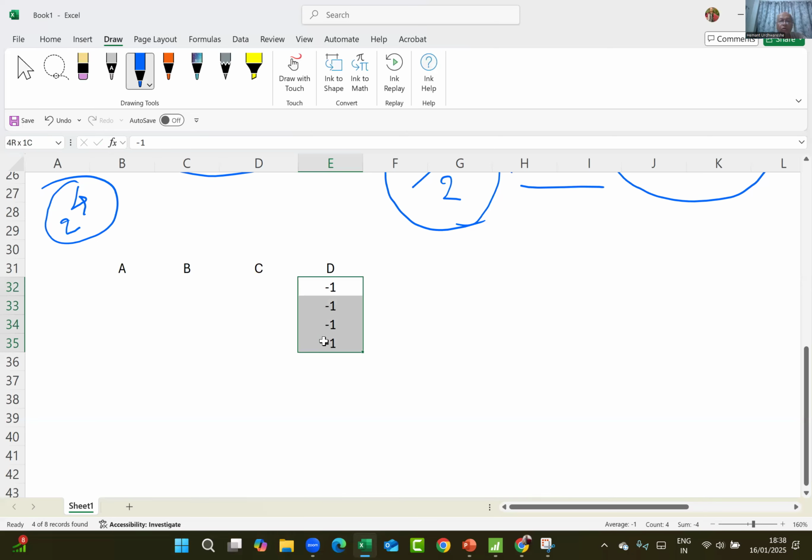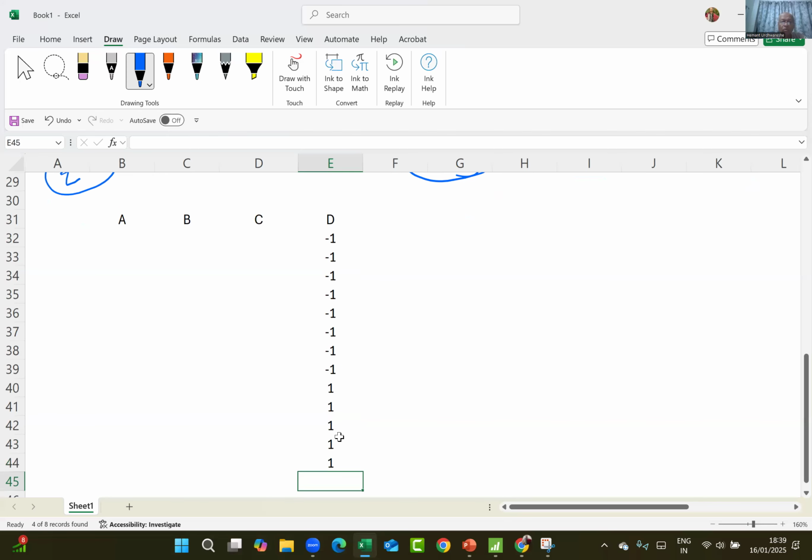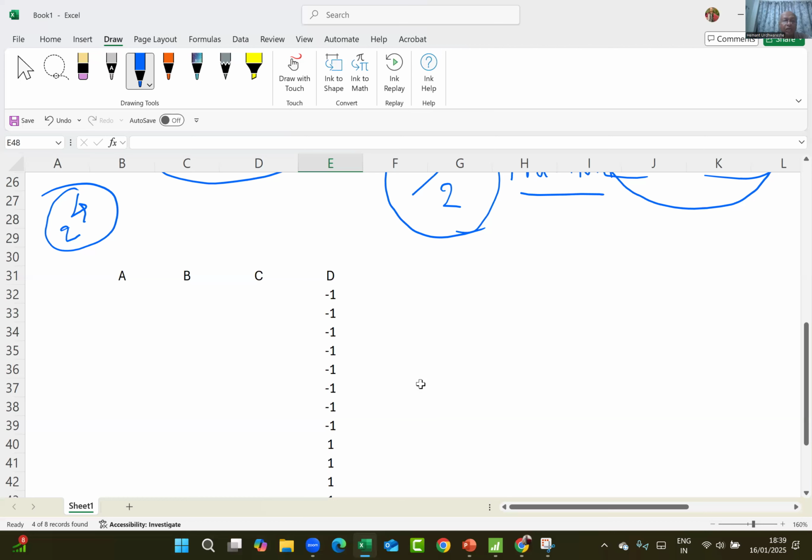I will just copy this. So I think 1, 2, 3, 4, 5, 6, 7, 8. So this is the D. Now, out of these negative 8 runs, C will have 4 negative and 4 positive, and this pattern will be repeating for the next 8 runs.